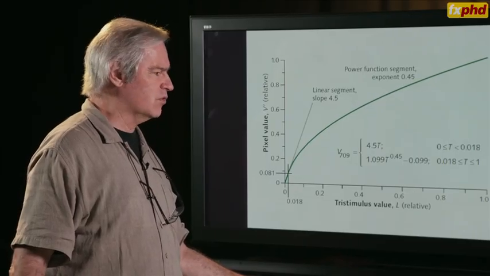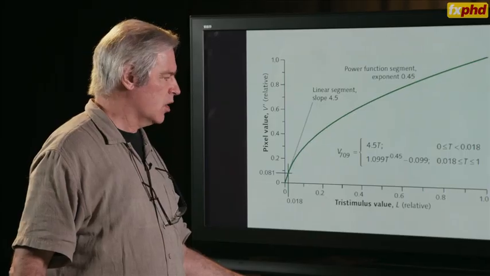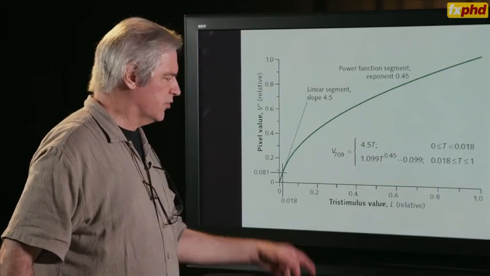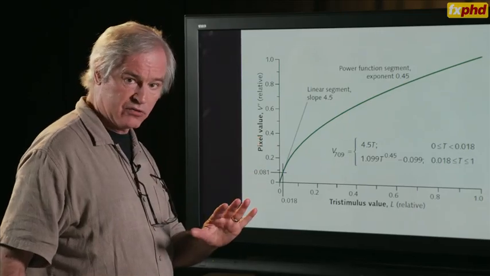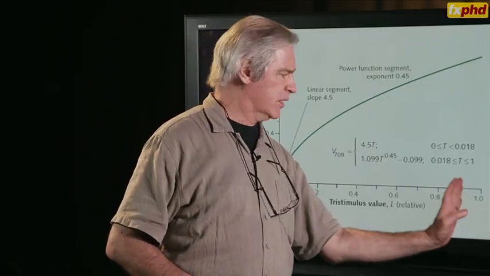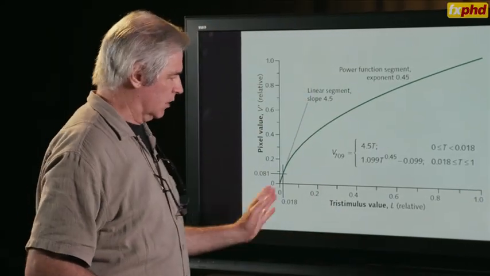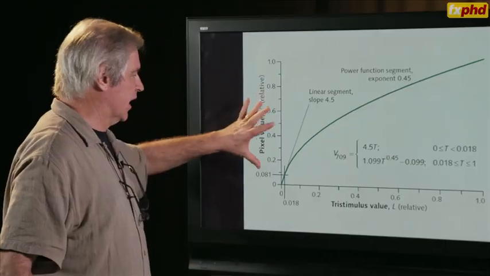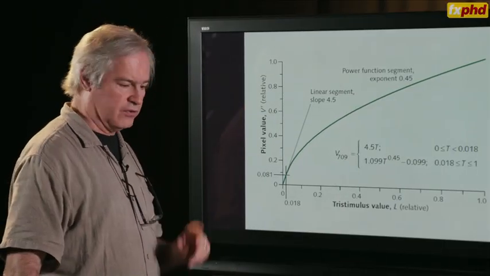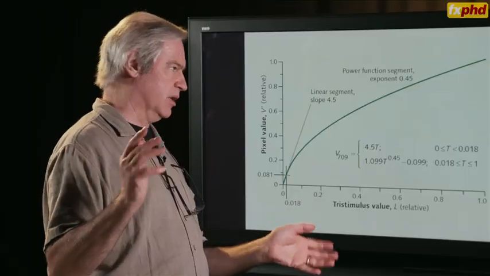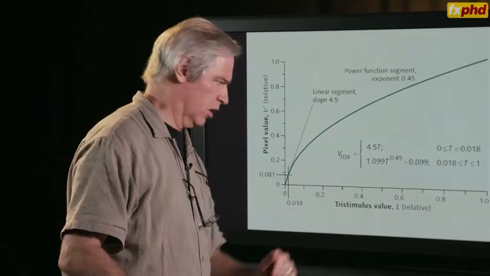So the equations in 709 say that when you map from linear light value to video code, both on the scale 0 to 1, so somehow we've normalized to a white patch or some absolute luminance value, and the light power is referenced relative to that. And the video scale, I'll just talk about it from 0 to 1. So for the moment, I'm not concerned about extended range and headroom and footroom and 8-bit and 10-bit and all that stuff. Just think 0 to 1.